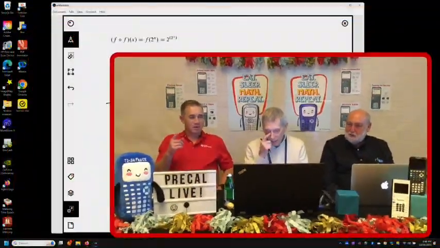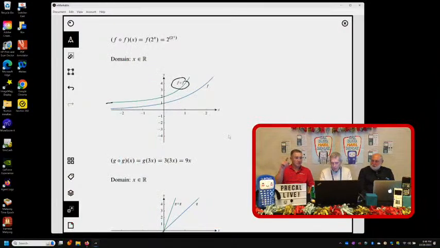Here's the question. We've got f circle f, and it turns out to be 2 to the 2 to the x. So what happens as x decreases without bound? This was kind of an interesting one. 2 to the x by itself should approach 0 as x goes to negative infinity.